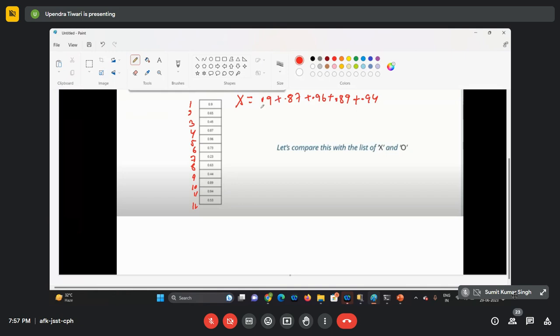So 5 values are there. We'll just divide it by 5. Everyone, please tell me what is the value. 0.91. Yeah, 0.91. And if I multiply with 100, then I can say it matched 91% with the X.